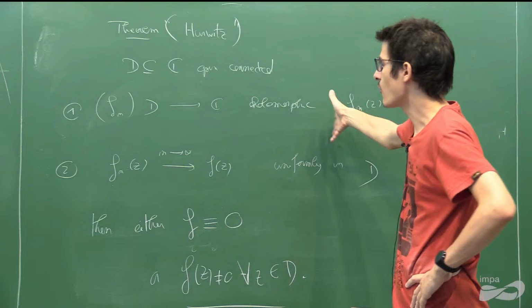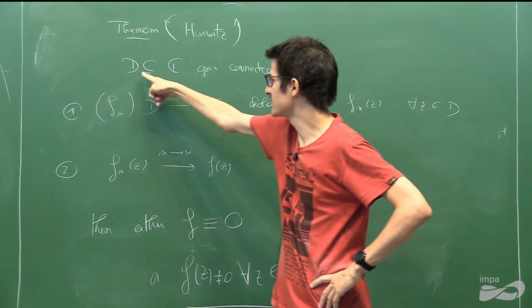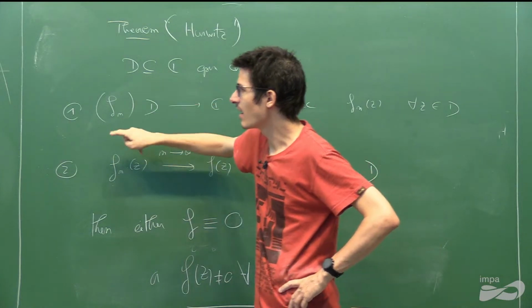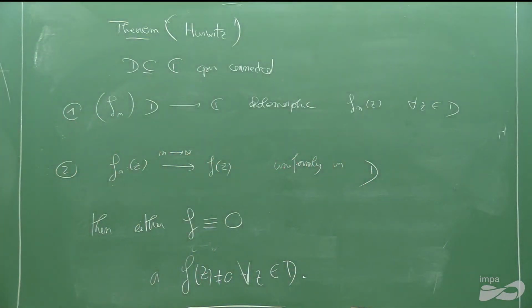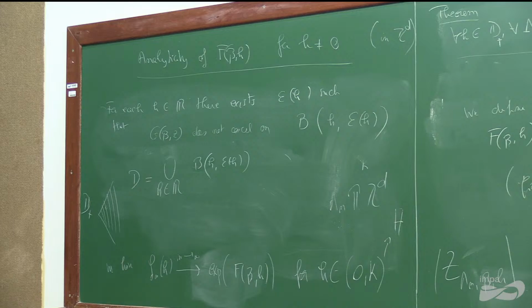Okay, so basically you're applying this result with this D equal to D_K, Fn being equal to the Fn we had defined before, which was just the exponential of 1 over lambda n times log Z lambda n beta h.